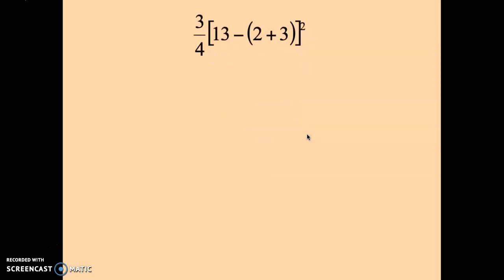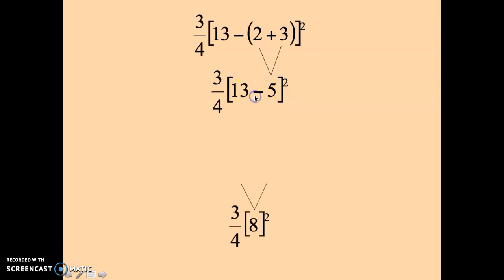So let's look at this one. This one looks a little complicated, but it really isn't. I have two sets of parentheses. I have a set of parentheses and a bracket. So I start on the innermost, and I do 2 plus 3. Carry it down, rewrite everything the same. I still have parentheses here. They're just brackets, so I do that next.